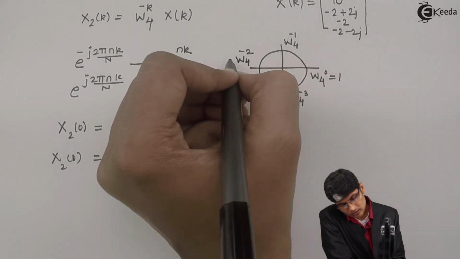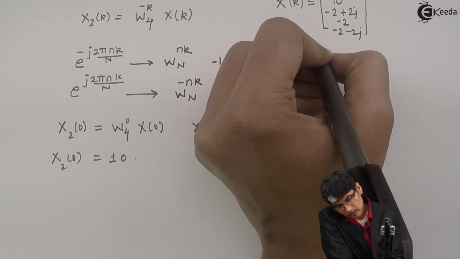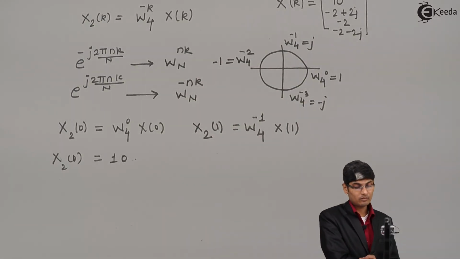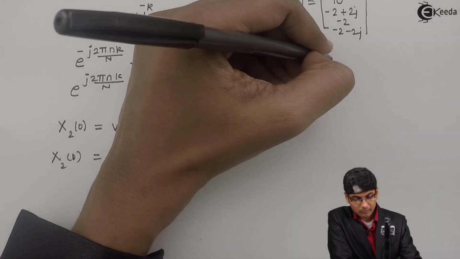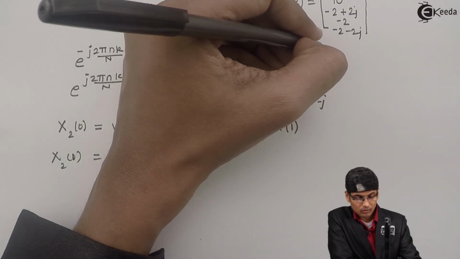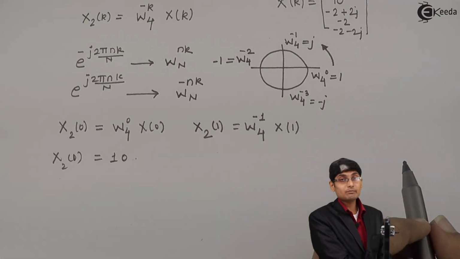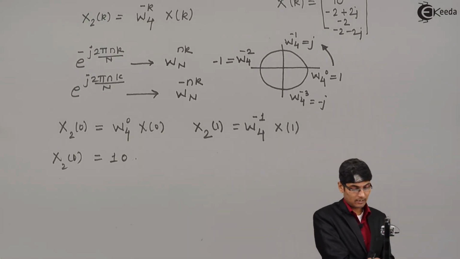Here it is 1, here it is minus 1, here it is j and here it is minus j. Fine. So whenever I have negative powers, the order that I will follow is anti-clockwise, and whenever it is positive powers, that time we will follow clockwise direction.